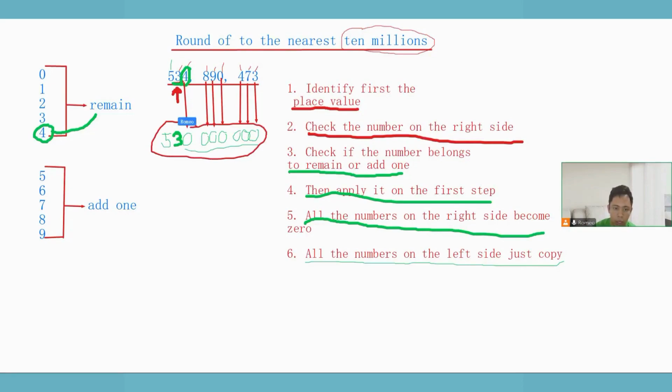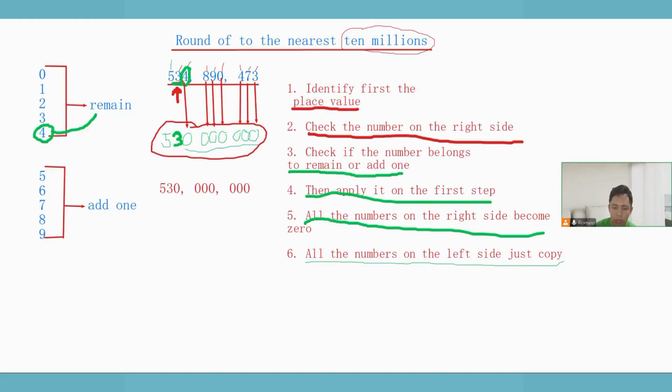To make it clear, I'm going to write the answer: 530,000,000.